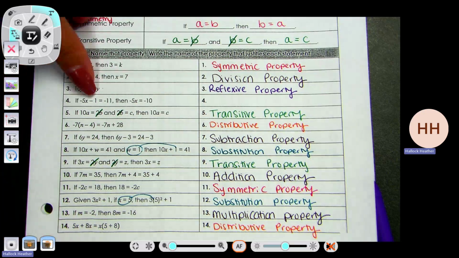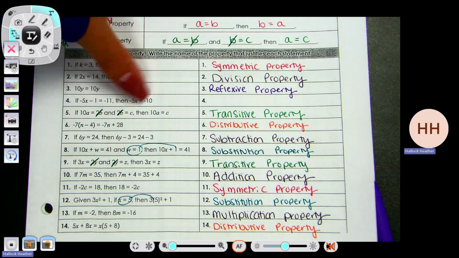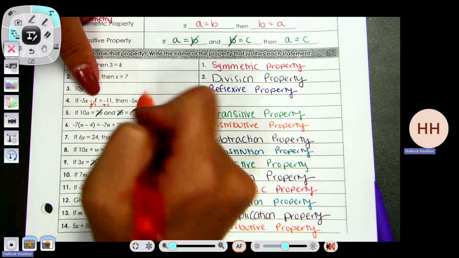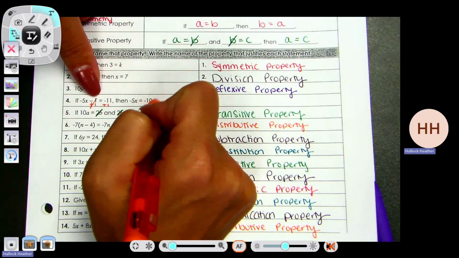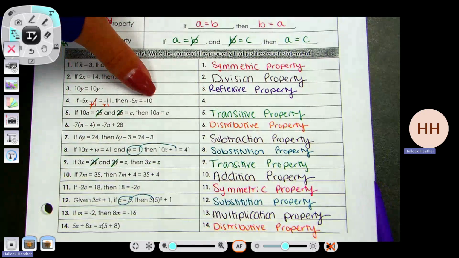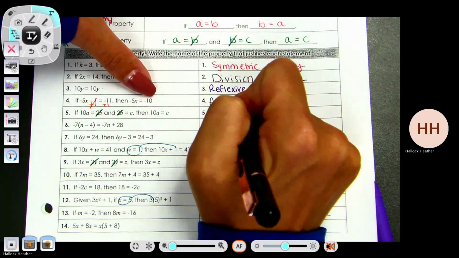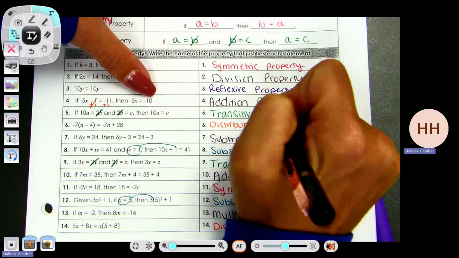The reason why people get tripped up on this one is because they're like, it's a minus sign. To get from the -11 to the 10, what you're not showing is technically like you're adding 1 to cross it out. So when they add 1, that's technically making -10. So it's opposite operations. So this is addition property.